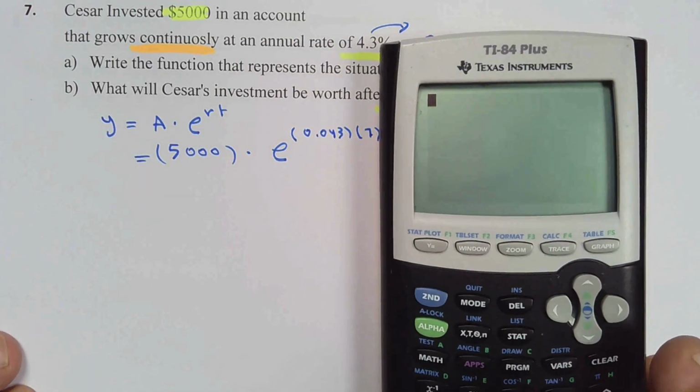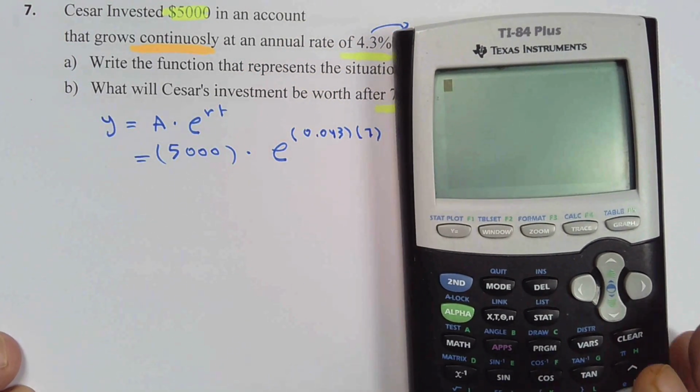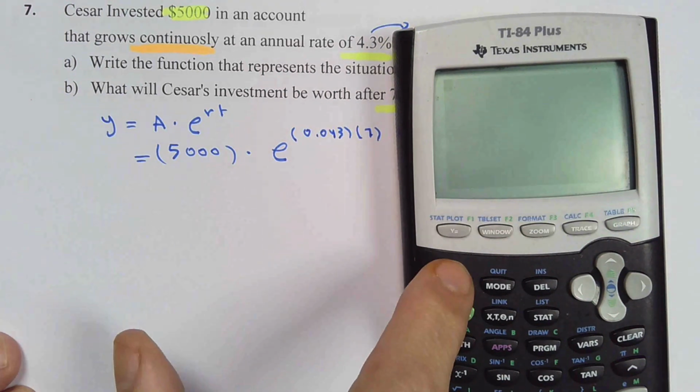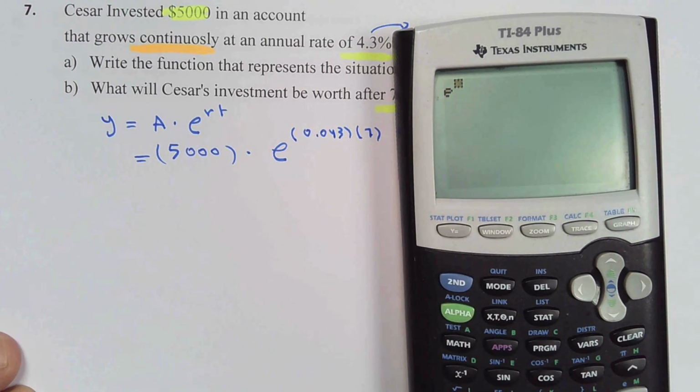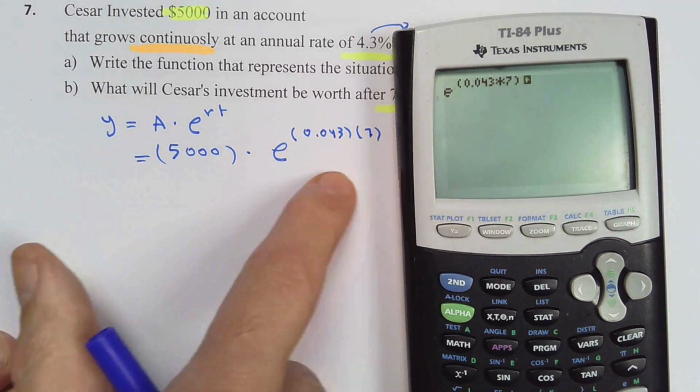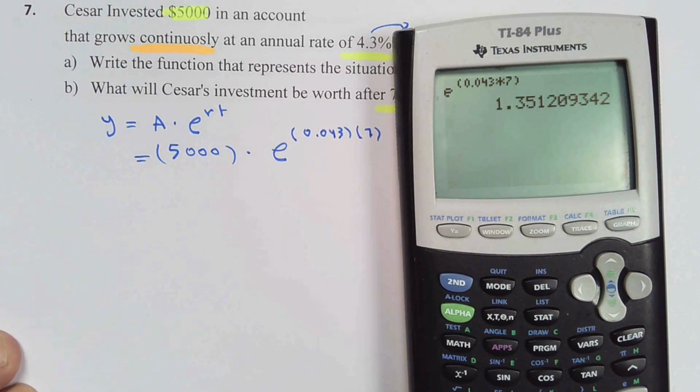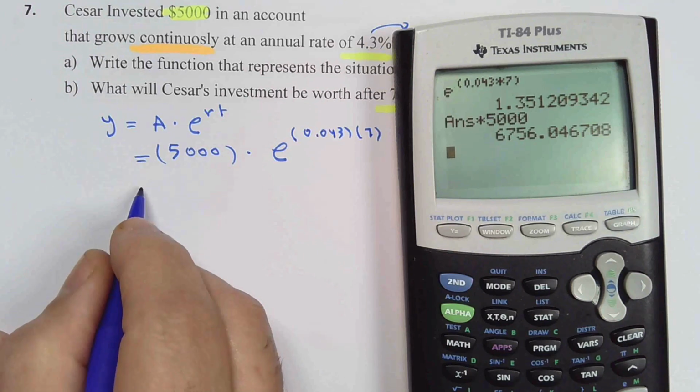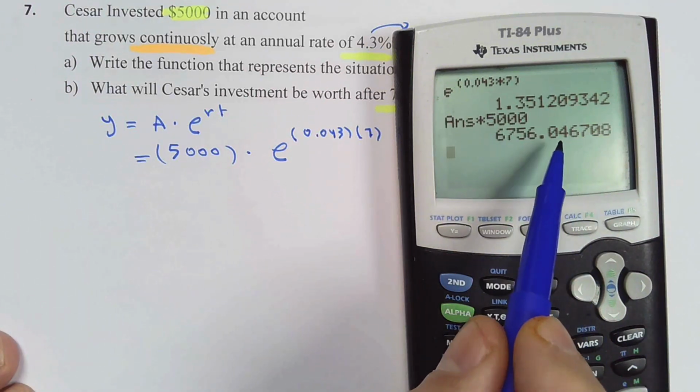Another way to do this problem, instead of typing the whole thing, I would say e to the power, open parentheses, multiply 0.043 times 7. That will give me this factor, and when you finish, multiply it by 5,000. Since it's money, we need to round to 2 digits.